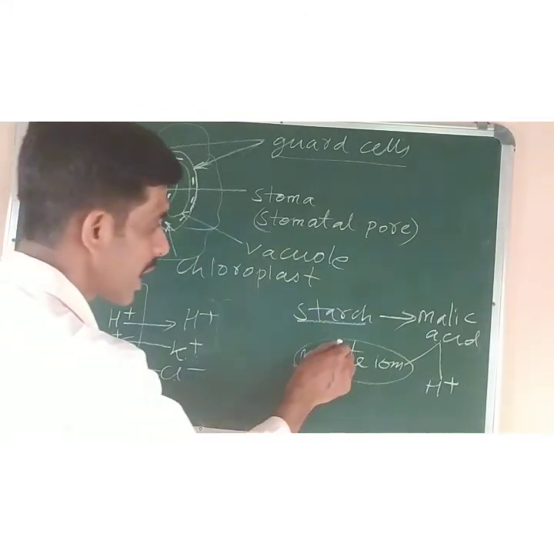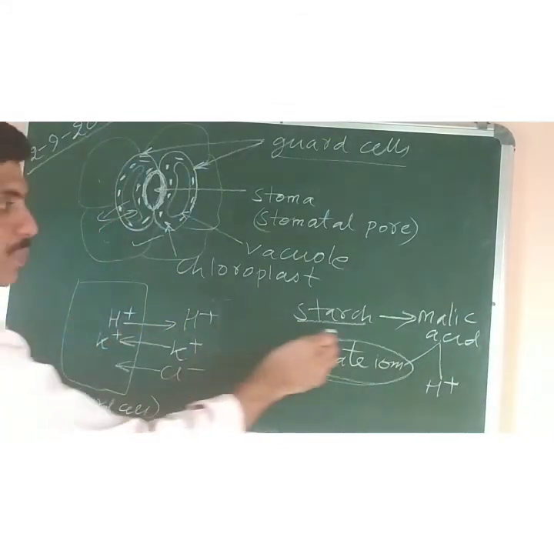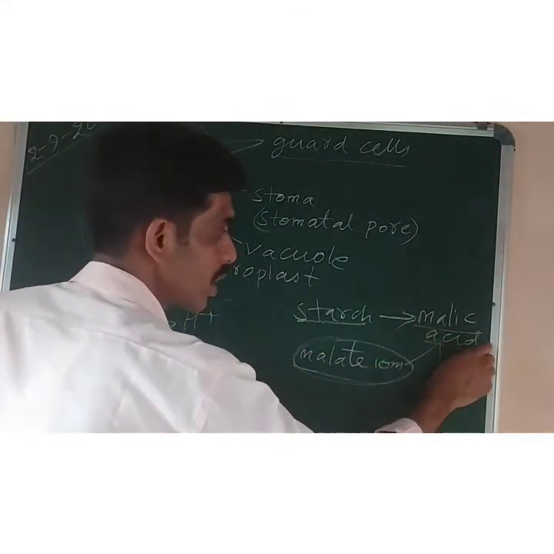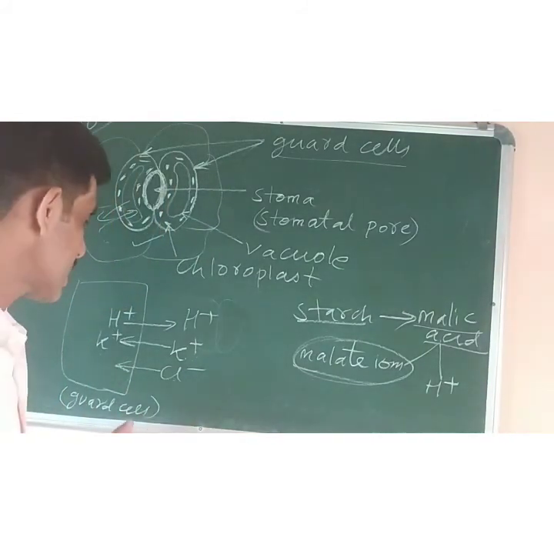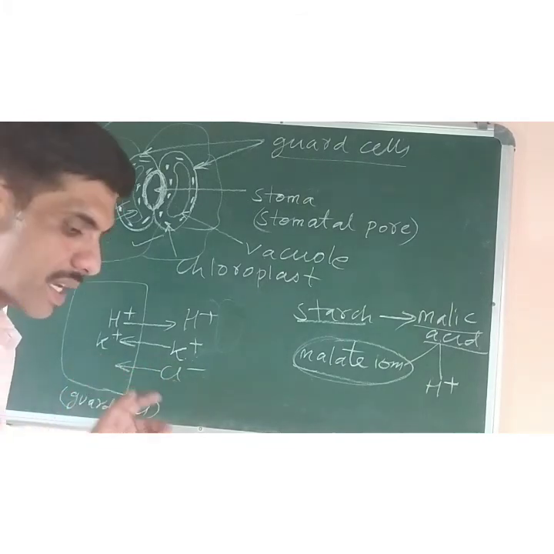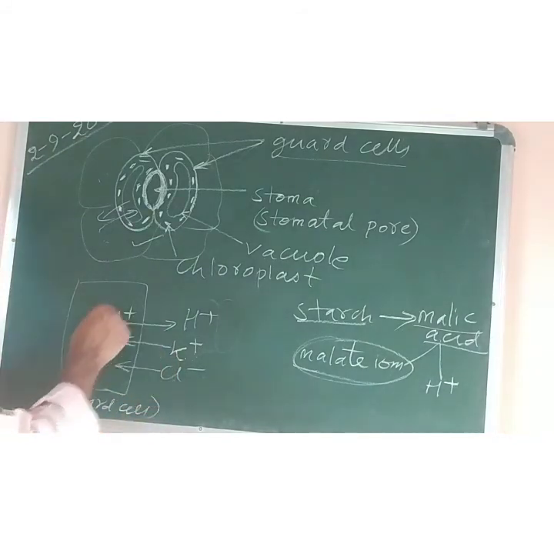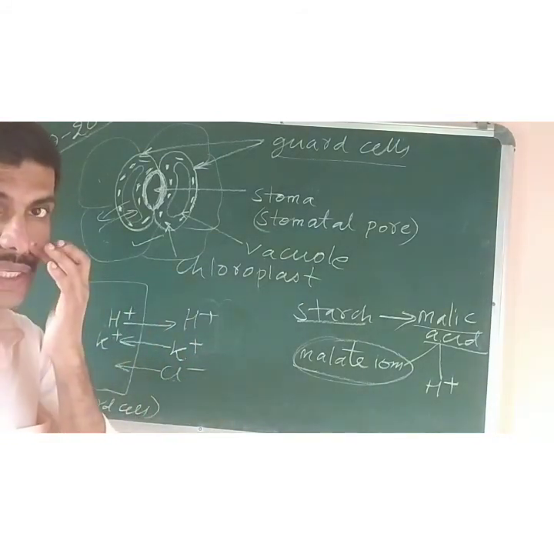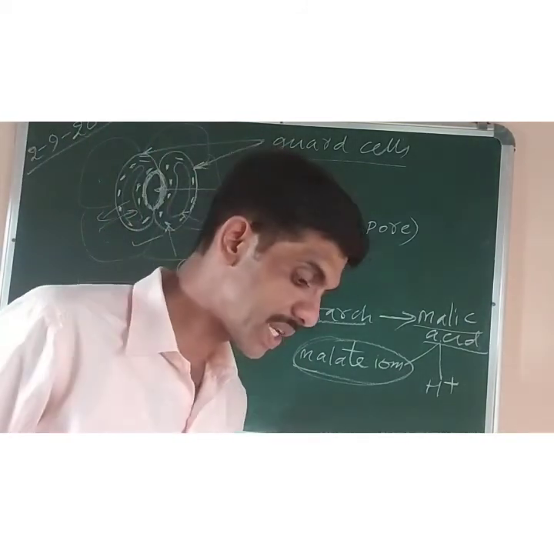You already know that malate ions are also present inside the guard cells, formed by the dissociation of malic acid. This is also balanced with the help of Cl minus ions taken into the guard cells. In this ion exchange, one ion goes outside and another comes inside. To carry out this process, energy is required, and this energy is supplied in the form of ATP.